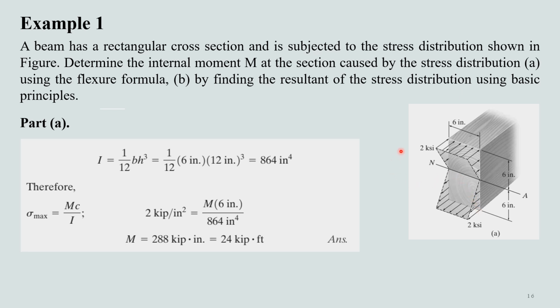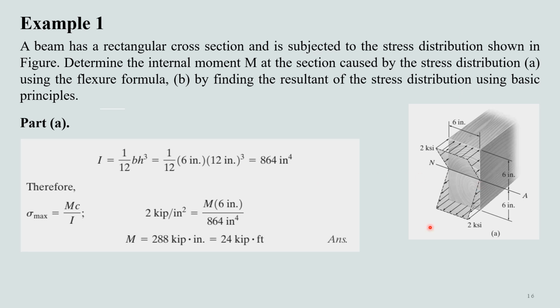In order to apply the flexural formula, we first need to know the moment of inertia. For a rectangular cross section, its neutral axis in the vertical direction is located at the center. This is very well known.